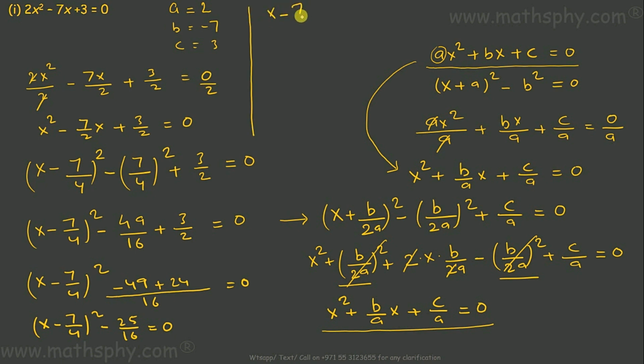X minus 7 over 4 whole square will be equal to 25 over 16. This negative 25 over 16 goes this side, becomes positive. X minus 7 over 4 will be equal to, this square goes this side, becomes root.